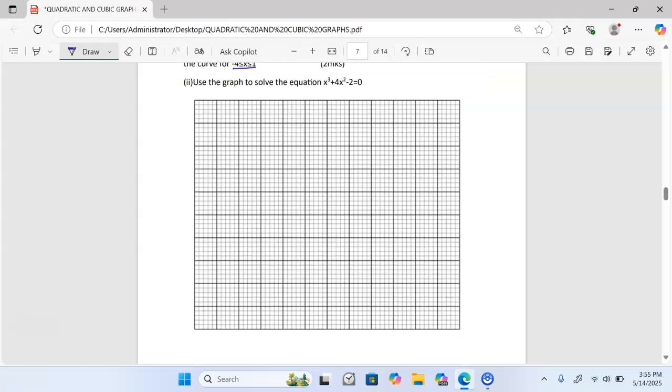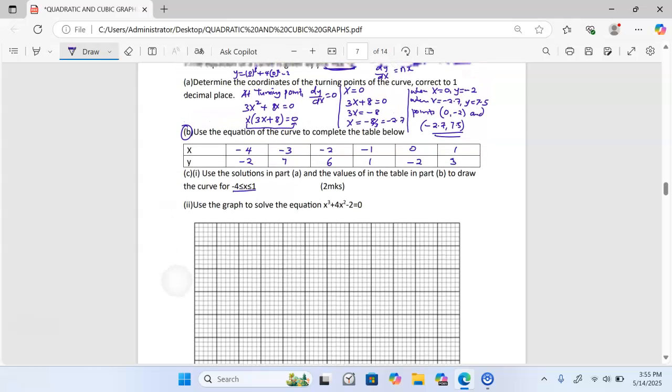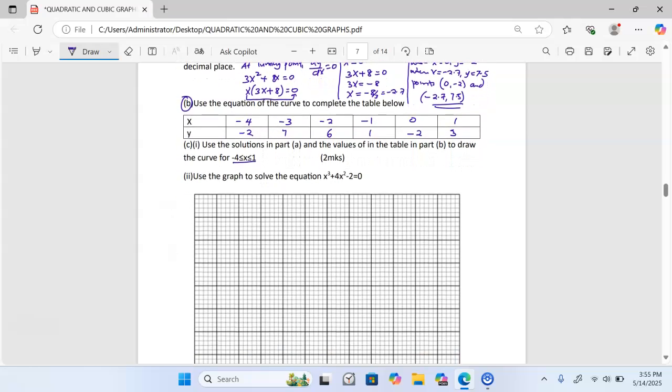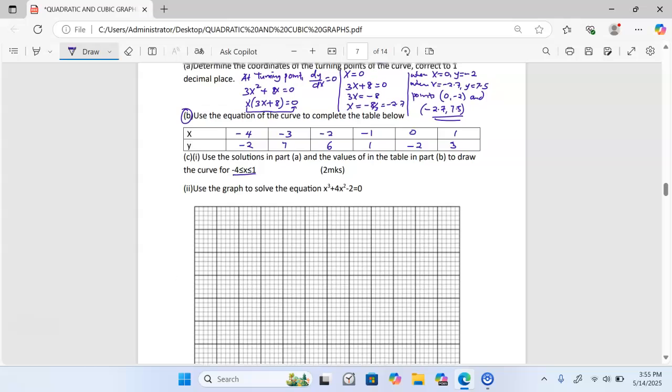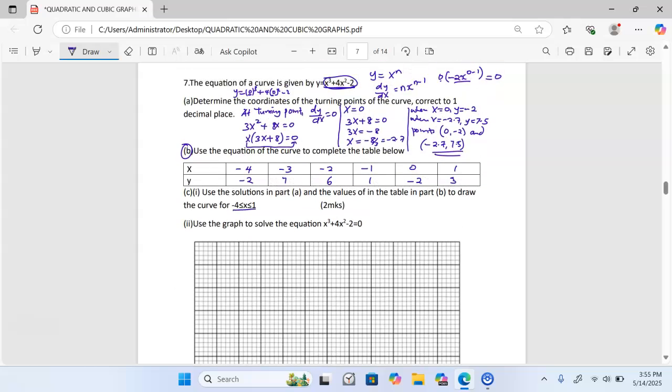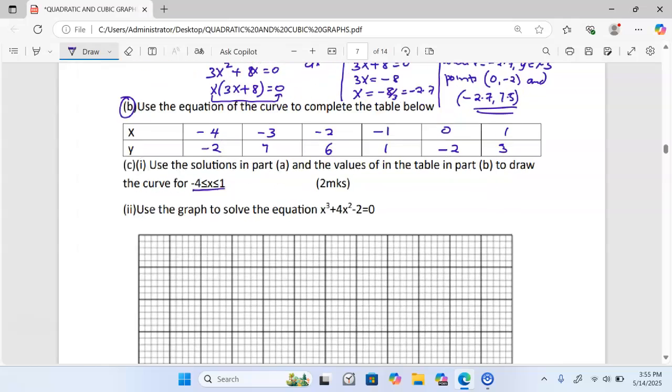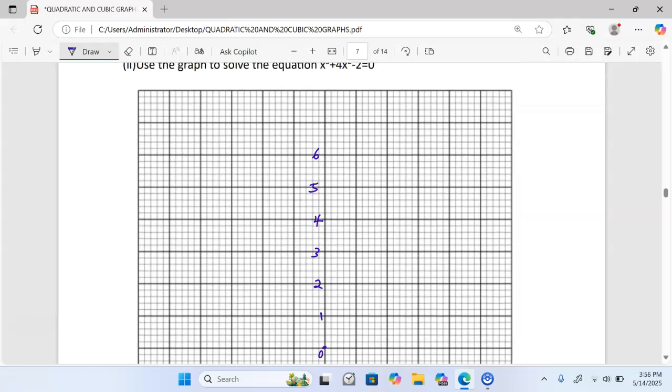We have the lowest value of y being negative 2 and the highest value of y being 7, and because of the turning point we are going to have positive 7.5, and therefore we might decide to start from this point here where we are going to put our origin 0, then upwards we are going to have 1, 2, 3, 4, 5, 6, we are going to have 7, and lastly 8.